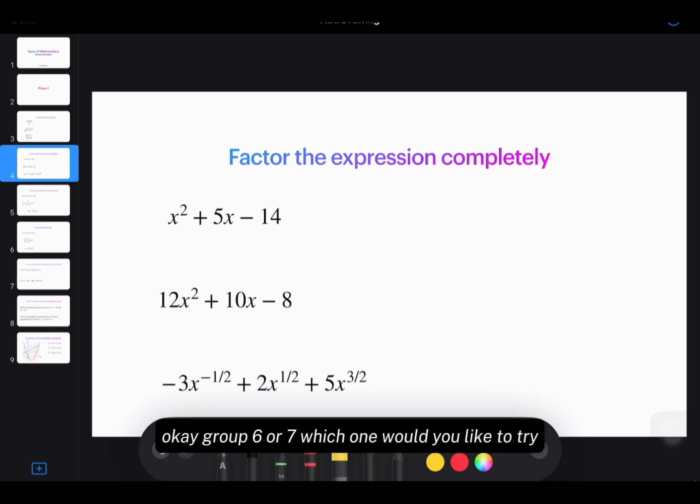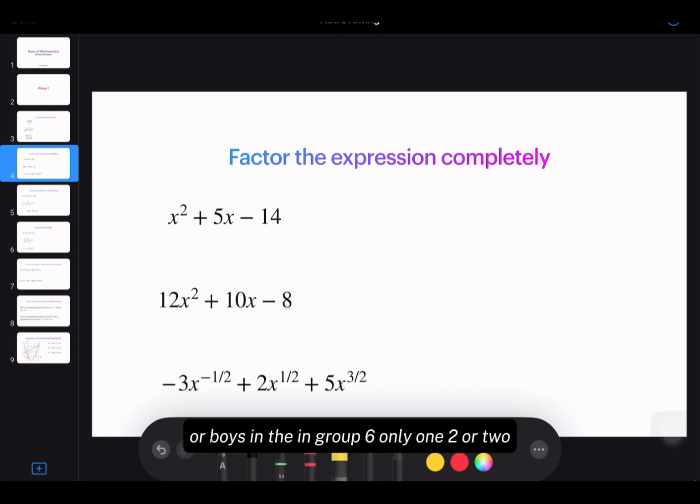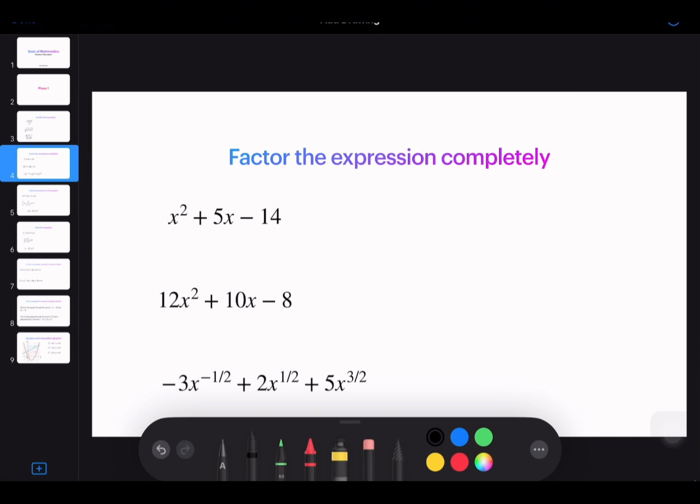Okay, group 6 or 7, which one would you like to try? I want to know which one is group 6. Who is in group 6? Only 1, 2? Only 2? How about 7?